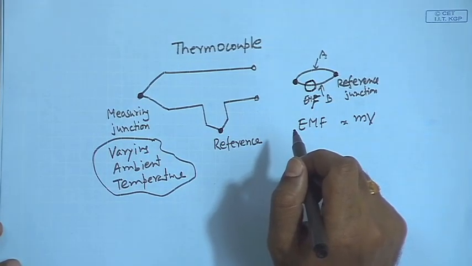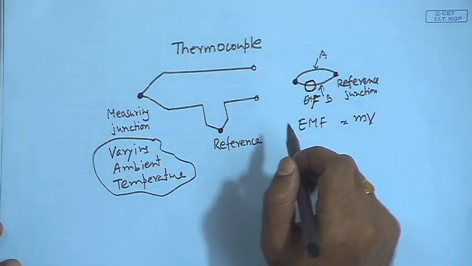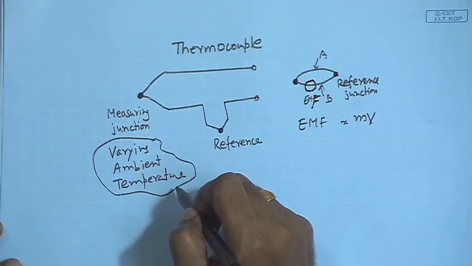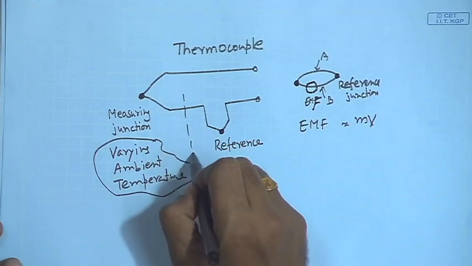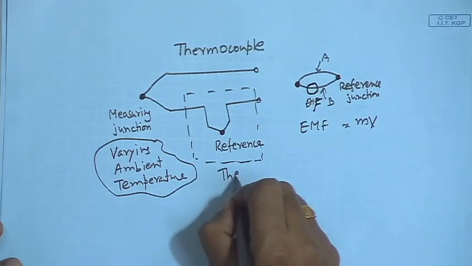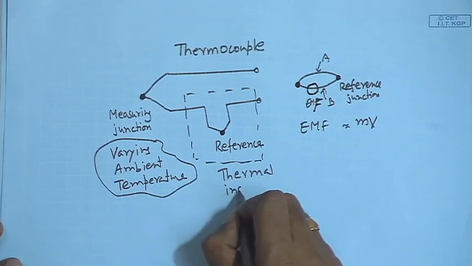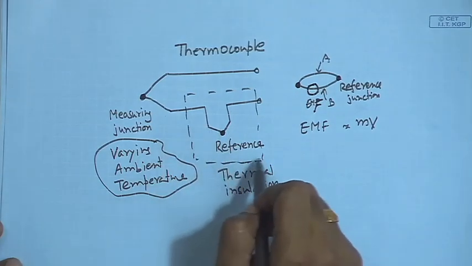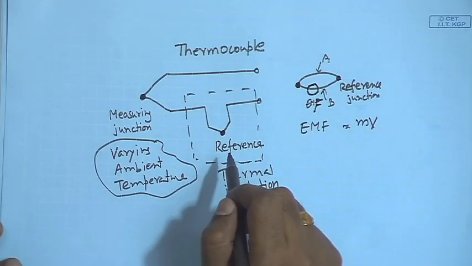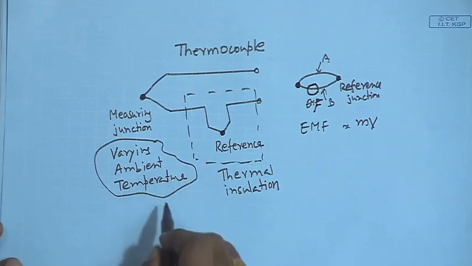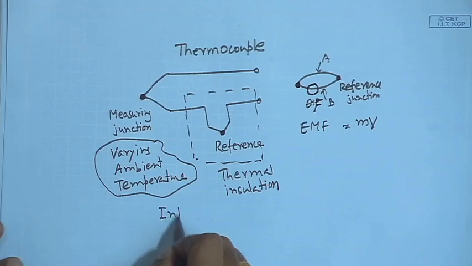So, one way to put a filter to block the effect of varying ambient temperature will be to put a thermal insulation around the reference junction. So, by putting a thermal insulation around the reference junction, I can block the effect of varying ambient temperature. So, this is an example of input filtering.